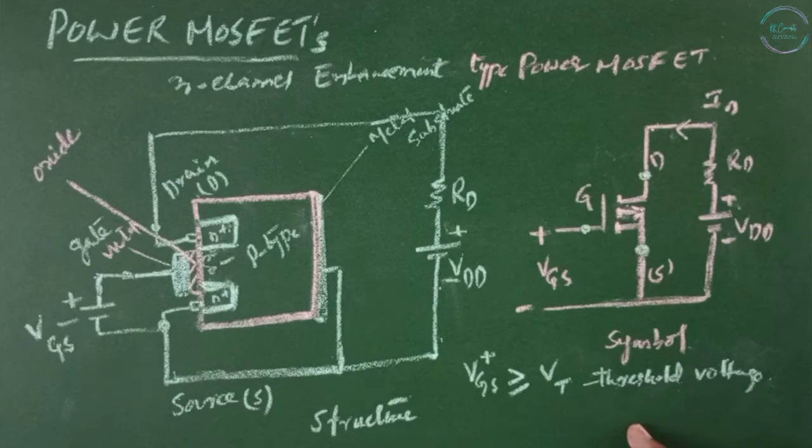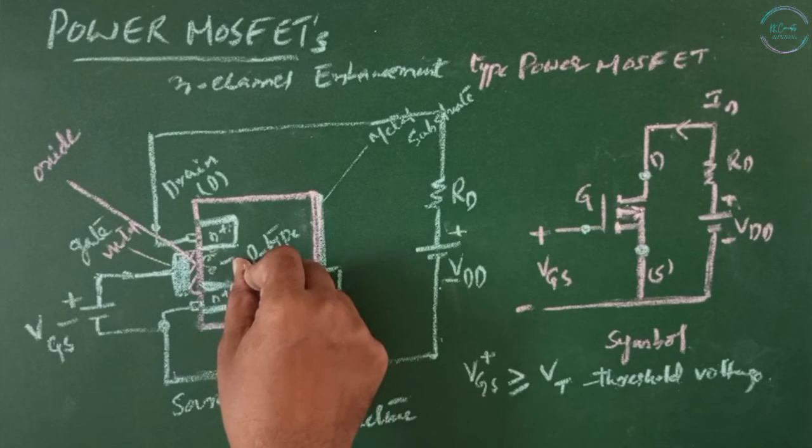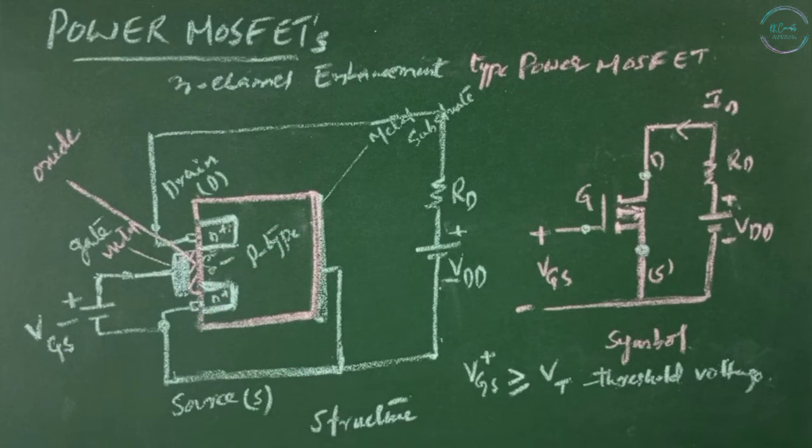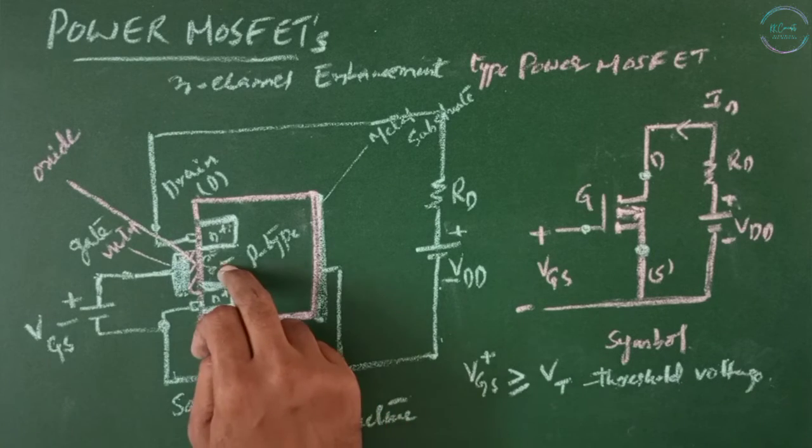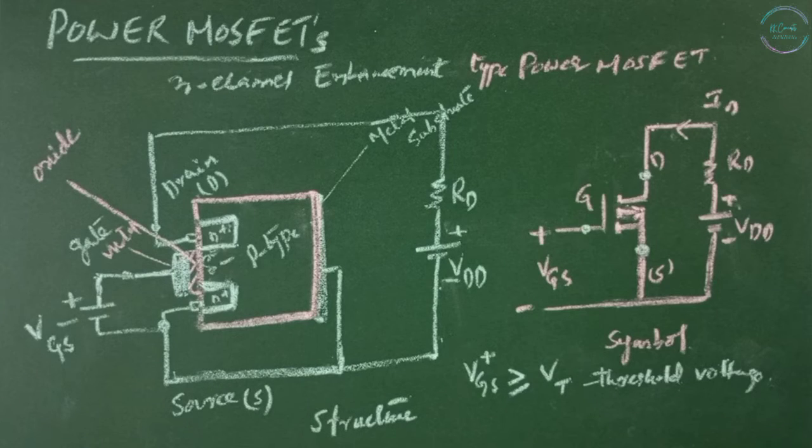Below this threshold voltage, there is no channel between drain and source, so no current flows. Similarly, when VGS is negative, it is not going to attain VT, so the channel is closed and there is no conduction of current. This is the N-channel enhancement power MOSFET.